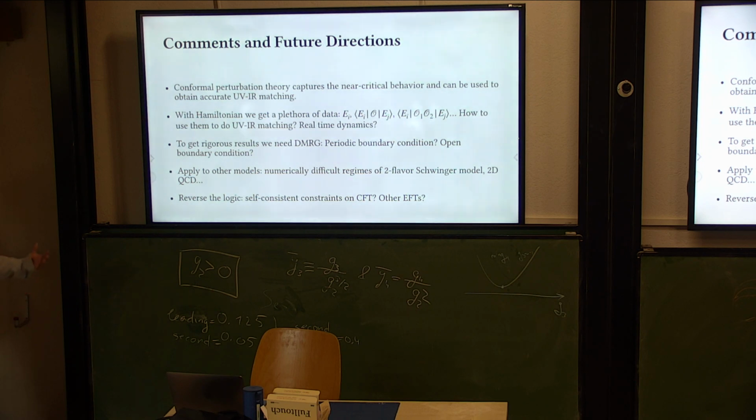If we put the data together with those self-consistency constraints, then we can maybe constrain the CFT as well, and make some statement about the critical point of some unknown theory. And we can also maybe one day do this to other EFTs.